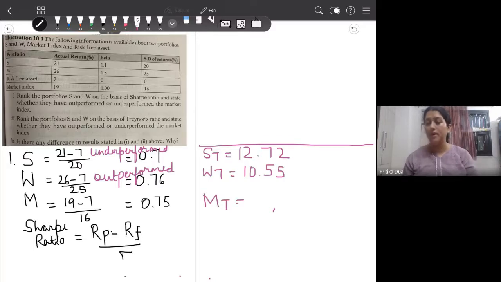So here it is S that has outperformed the market while W has underperformed the market.